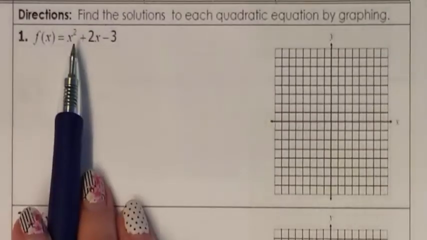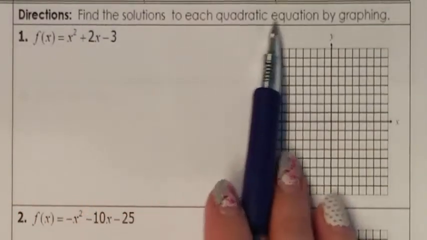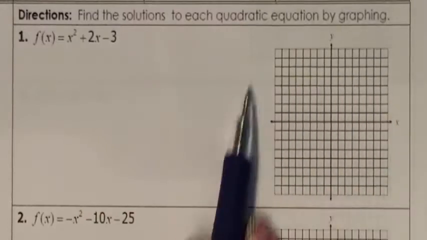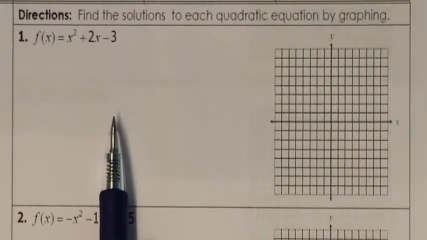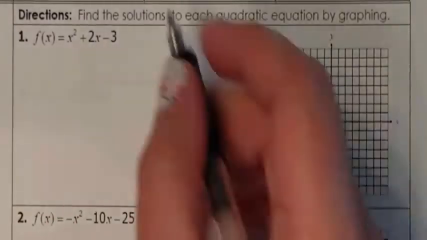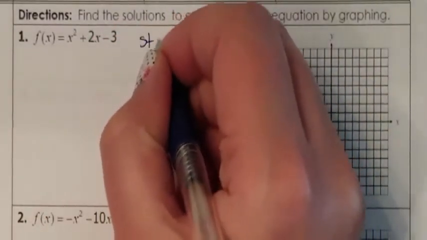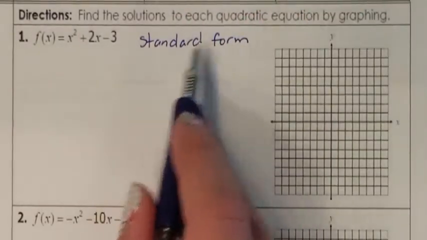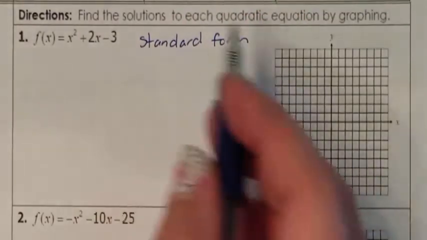So our first example: find the solutions to each quadratic equation by graphing. I have to graph it to find my solutions. I see that I have an x squared, an x, and a non-x, so this is in standard form. In the previous chapter, we learned how to graph in standard form.